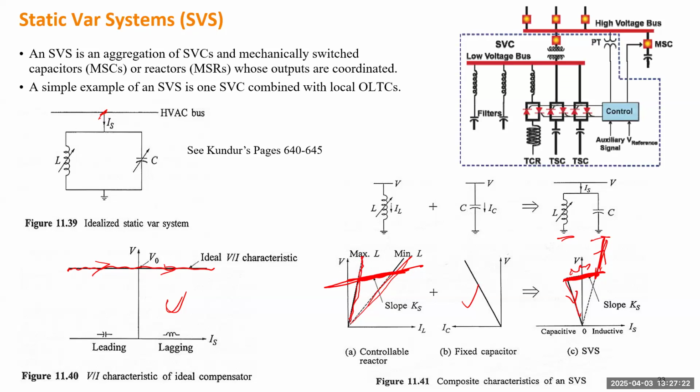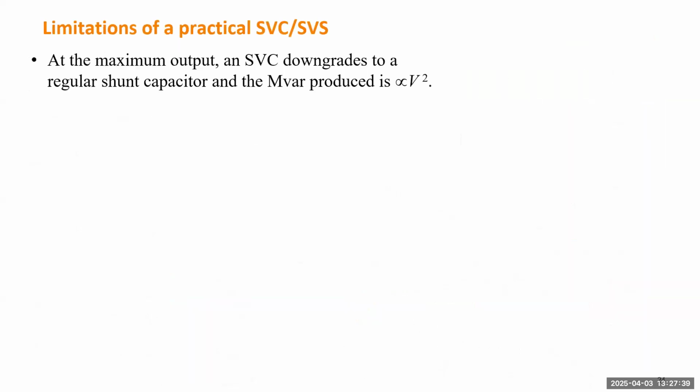That can be very bad if you have a lot of disturbance, especially a short circuit near this controller. The voltage can be very low, and it cannot give you the rated power you want.